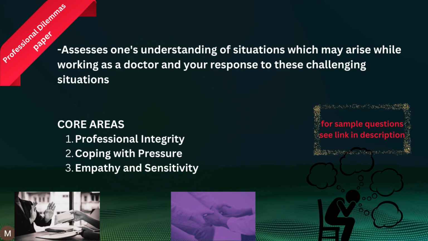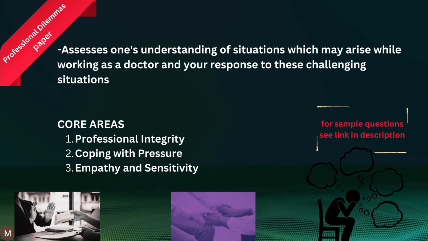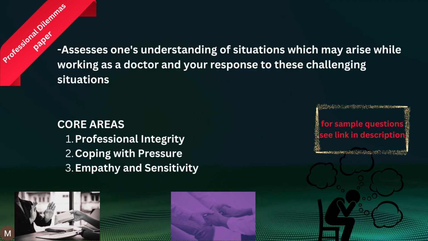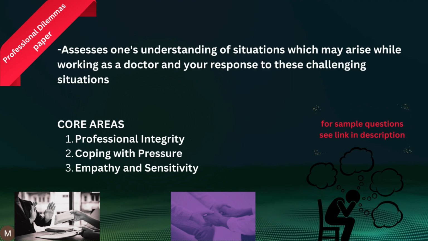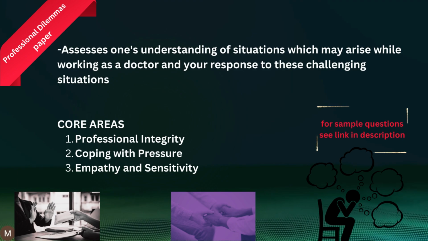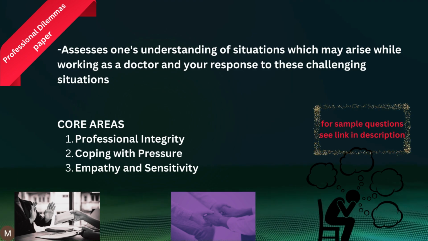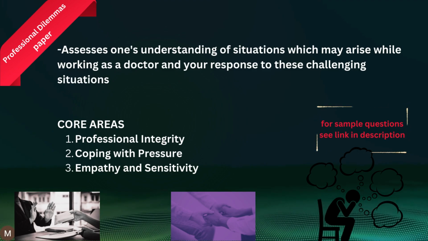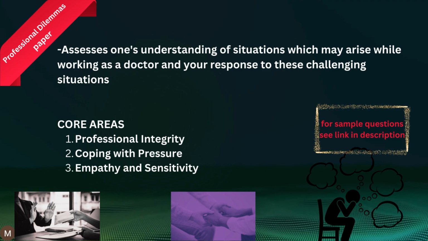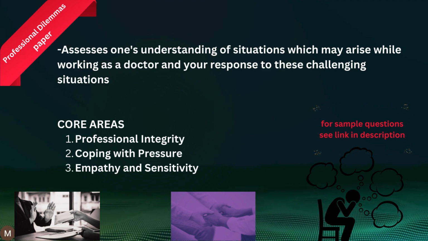Instead, the content relates to the GMC's generic professional capabilities framework and tests attributes that are important for doctors' training, progression, and job performance. The three main competencies tested are professional integrity, coping with pressure, empathy, and sensitivity. Knowledge of specialty training is not needed, but a general understanding of primary and secondary care work is expected.